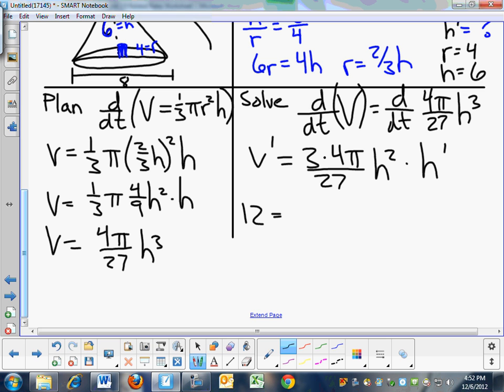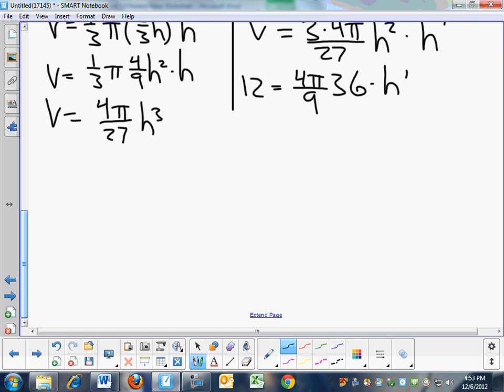So 12 equals 3 over 27. That's going to reduce to 1 over 9. So 4 pi over 9. 6 squared is 36 times h prime. Divide both sides by 36. 1 over 3 equals 4 pi over 9 times h prime.